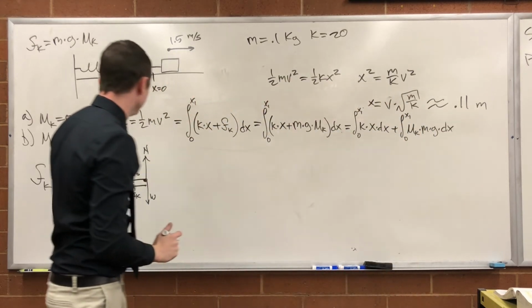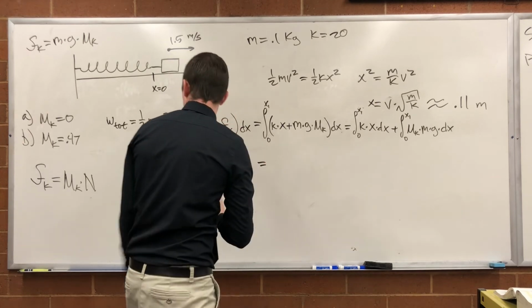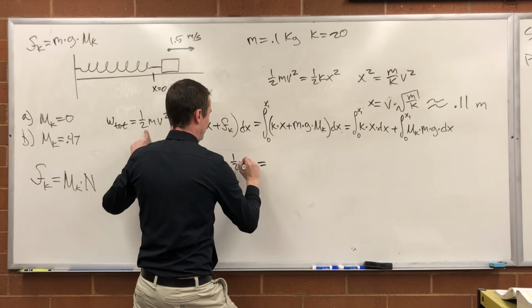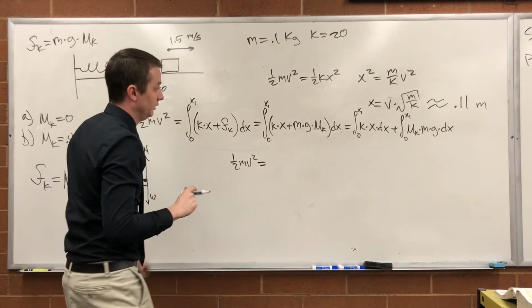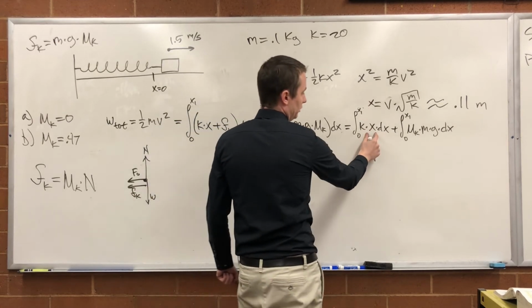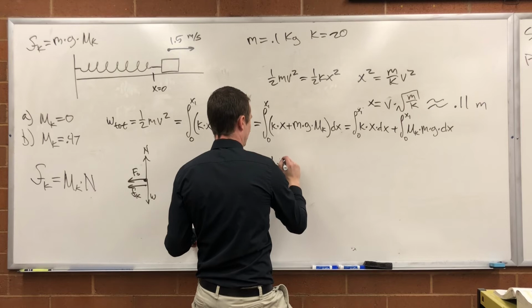Right? And I'll rewrite the left-hand side. We know 1/2 mv squared is equal to the sum of these two integrals, right? What's this integral? Just 1/2 k x squared.